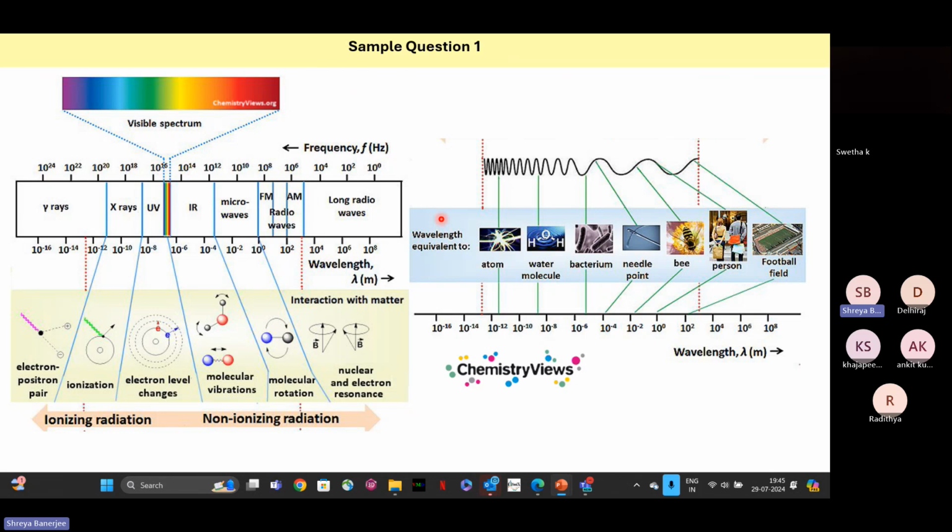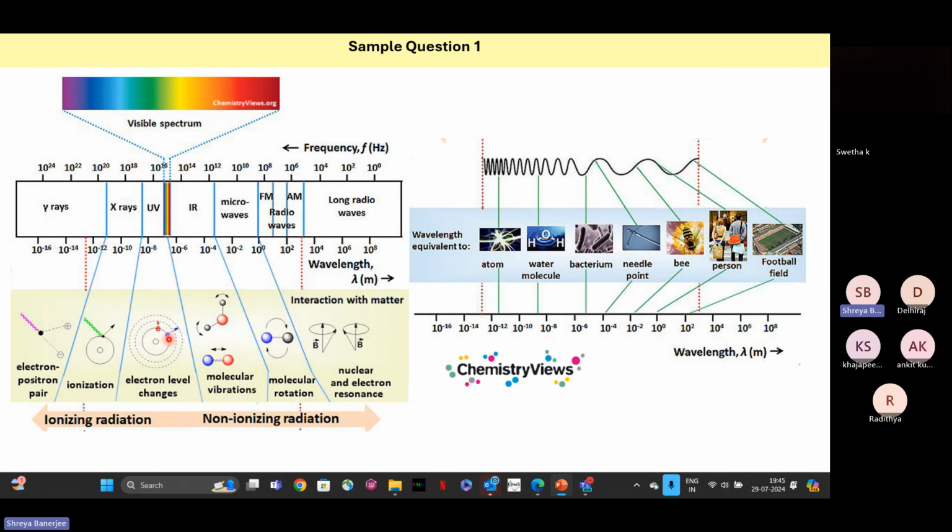Now, different spectroscopy uses different parts of this spectrum. So NMR spectroscopy in particular uses only the radio waves. If you have IR spectroscopy, which involves molecular vibrations, then they use the IR or infrared part of the spectrum.